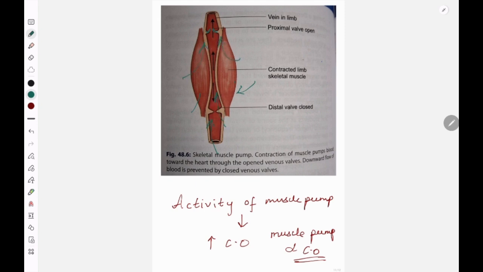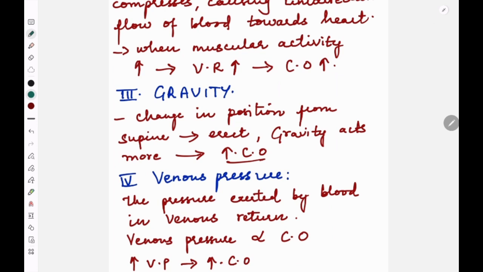That will lead to increase in venous return. This blood ultimately reaches the inferior vena cava, and through this there is increase in venous return, and because of that there is increase in cardiac output. So this is about the muscle pump. And the third factor that contributes to the venous return is gravity.